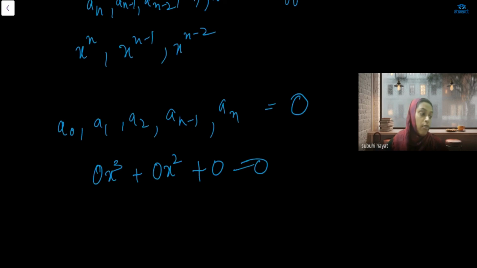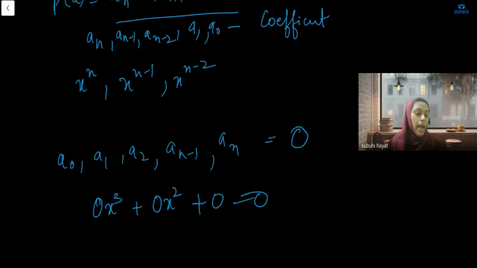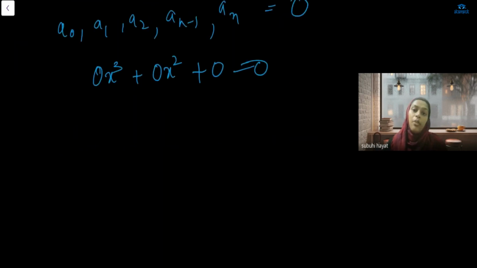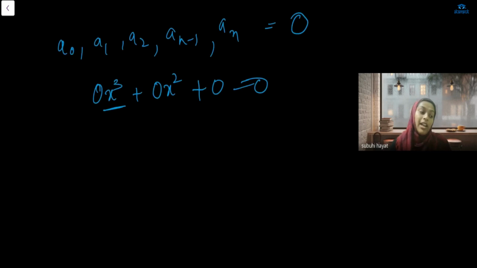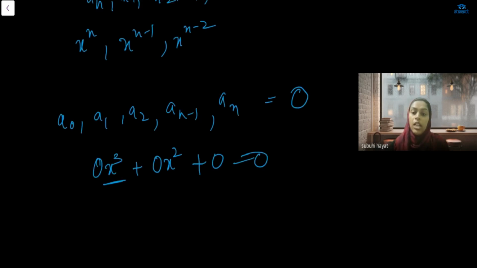The degree of a constant polynomial is 0, and the degree of the zero polynomial is not known, because we cannot find the highest degree, since those terms have already become 0. So in the zero polynomial the degree is not known. It can be any; it is undefined, and in the zero polynomial all the coefficient values are 0.